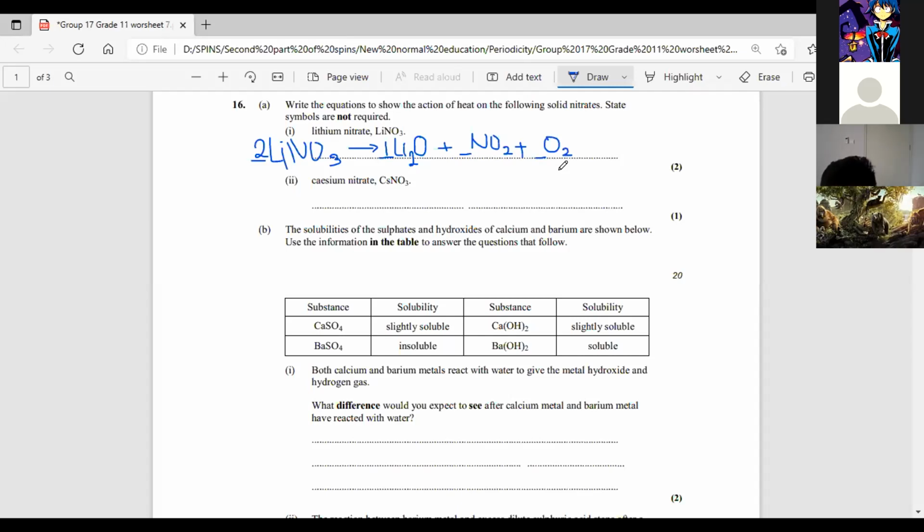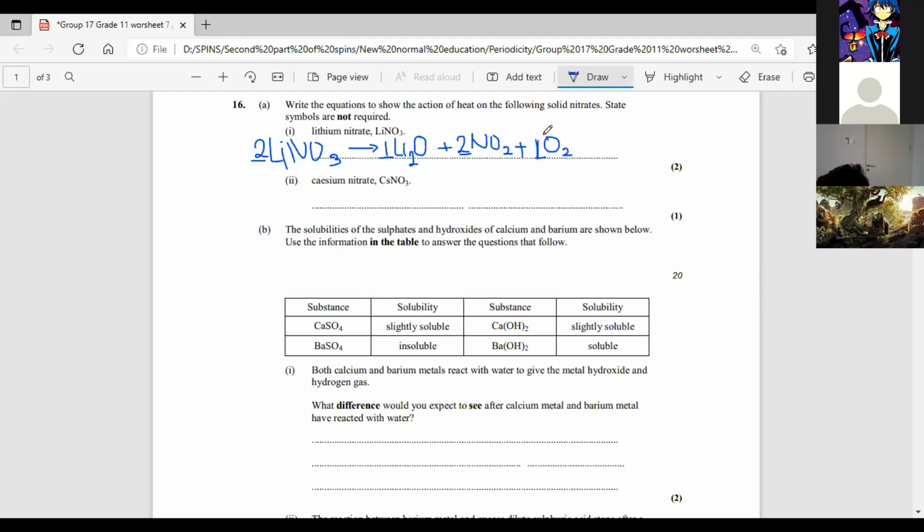What is the coefficient of nitrogen dioxide? 2 NO2. Yes. And then the last one, 1. Okay.